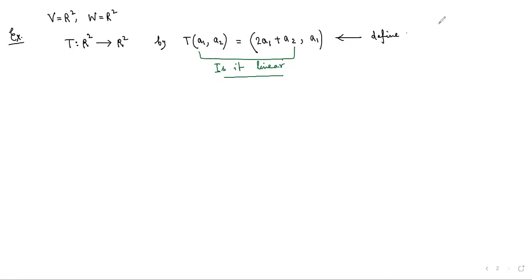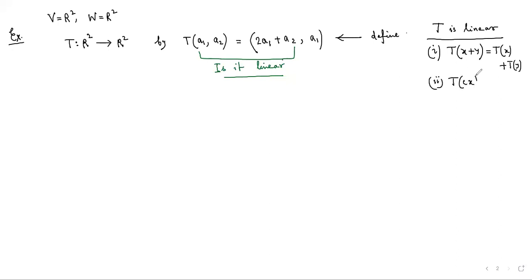Keep in mind that if T is linear, we have two properties. One property is T of (x plus y) is equal to Tx plus Ty. And the second property is T of (Cx) is equal to C times Tx. These are the two properties that we are going to use here.